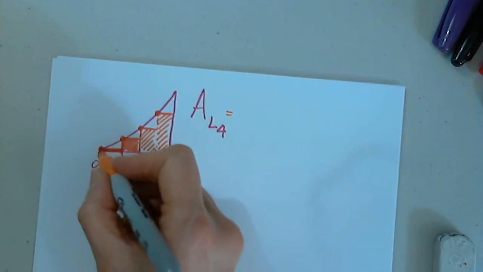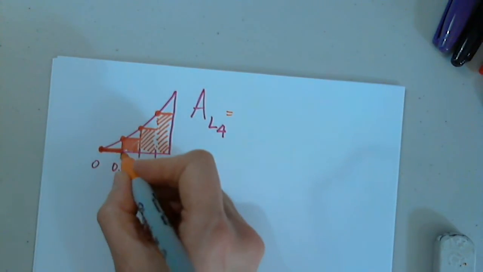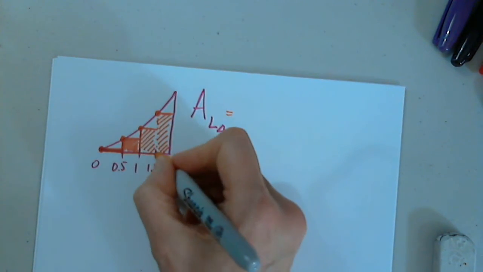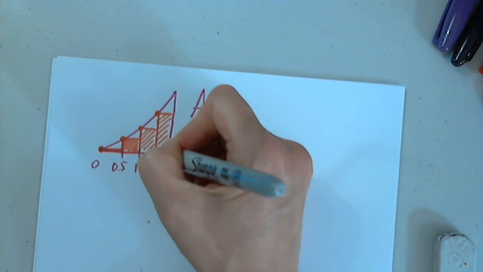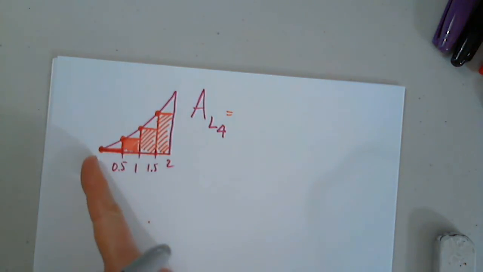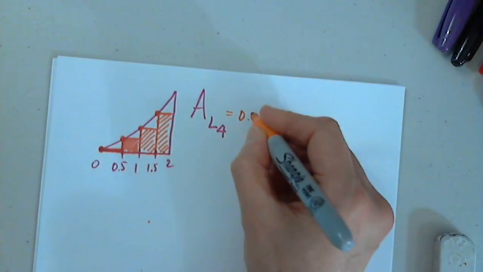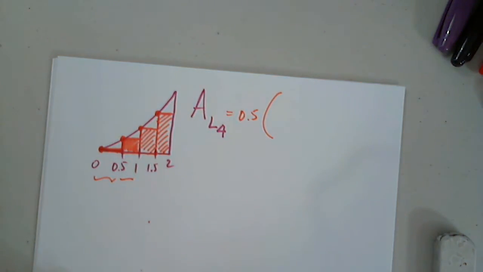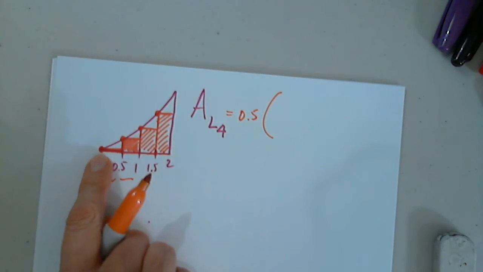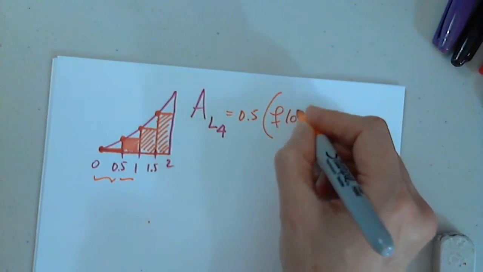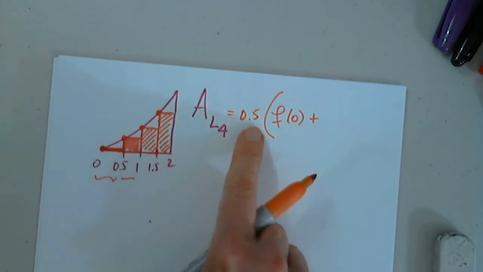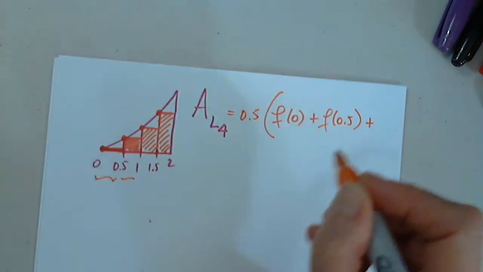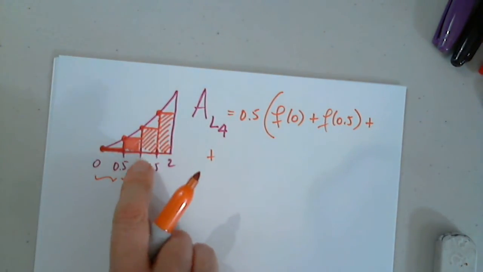So base times height plus base times height plus base times height plus base times height. 4 subintervals. The first one, base, 0.5. Notice that the base is 0.5 for all of them, so I'm going to pull it out. 0.5 times the height at 0 plus 0.5 times the height at 0.5 plus the base times the height.